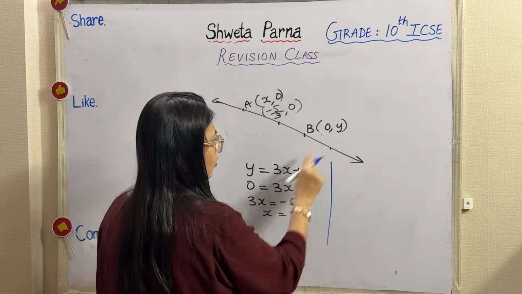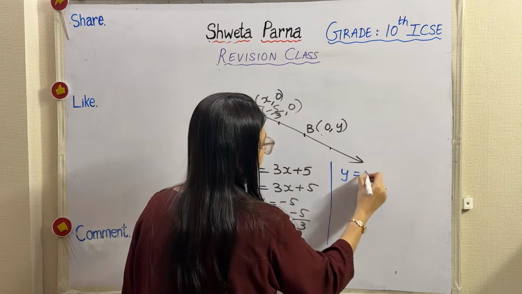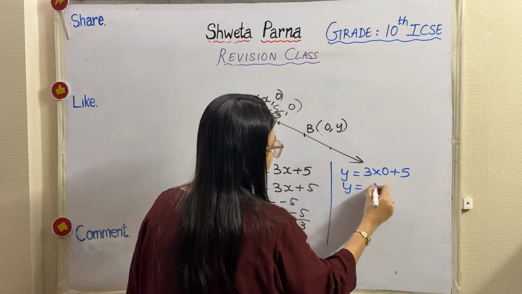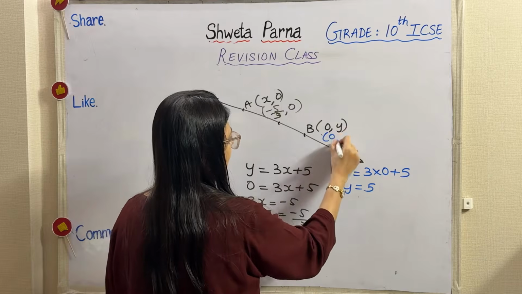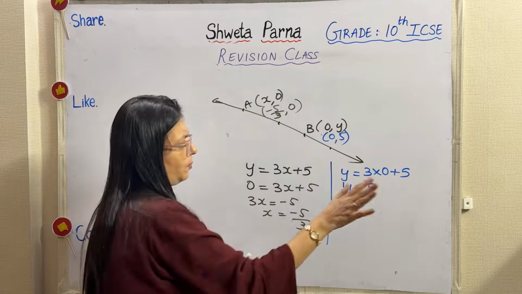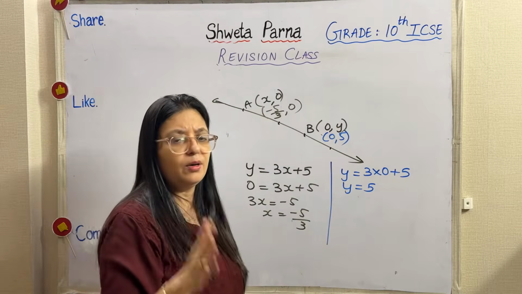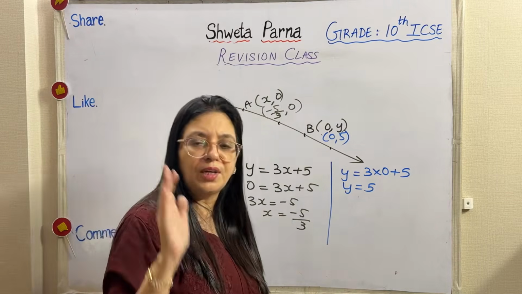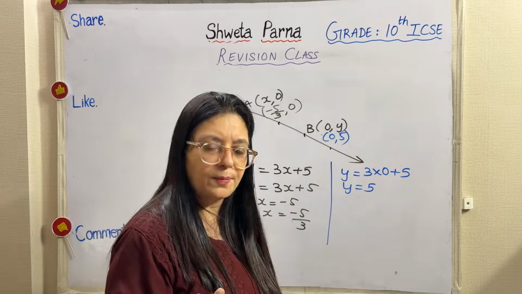So x is 0 and y. So y is equal to 3 into 0 plus 5. So y is equal to 5. So the coordinate is 0 comma 5. However many the points are, whenever they lie on the equation of a line, you can just substitute the value if they ask you to find the coordinate.